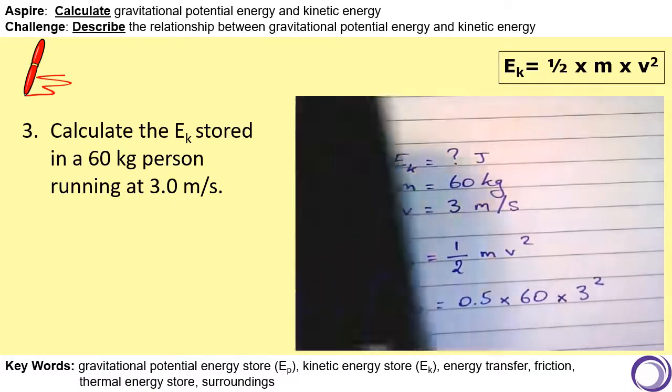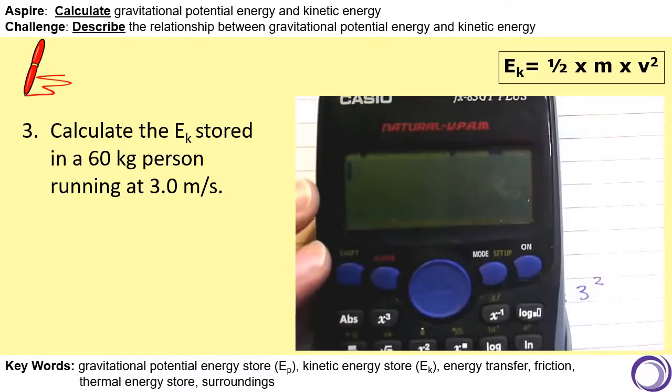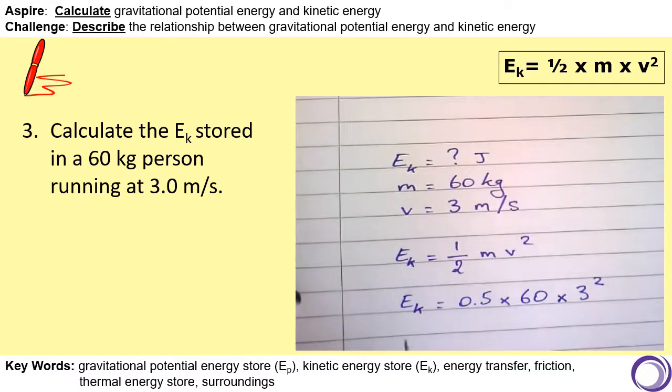Get your calculator. 0.5 times 60 times 3 squared equals 270. So for question number 3, the kinetic energy is 270. Don't forget the unit, which is joules.